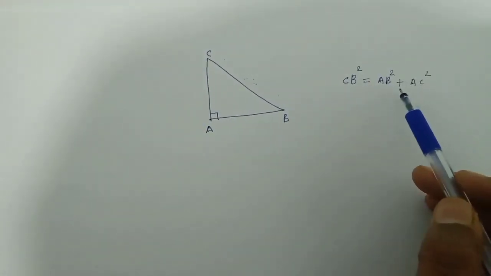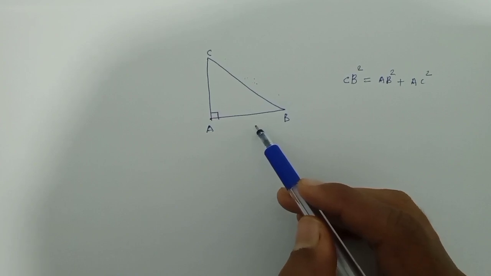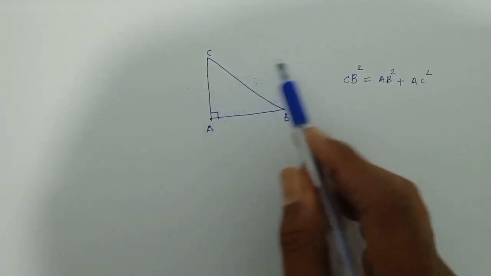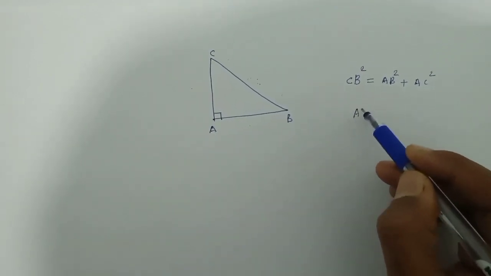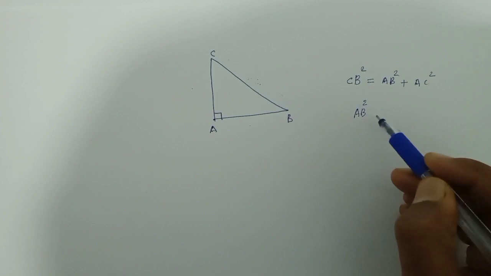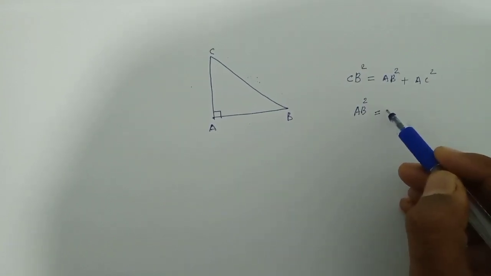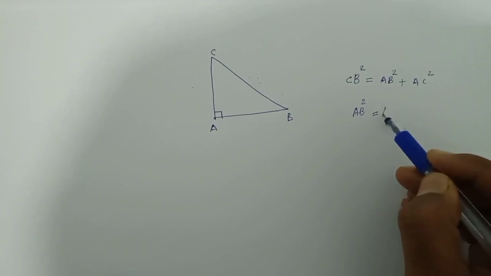Clear? Plus. If you are going to find the smaller sides, and here we have two smaller sides, AB and AC, compared to BC. So if you are going to find AB, we can start with AB square is equal to, and look here, this is subtraction. From where do we want to subtract? From the hypotenuse.